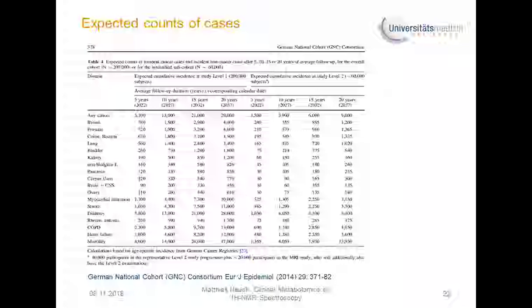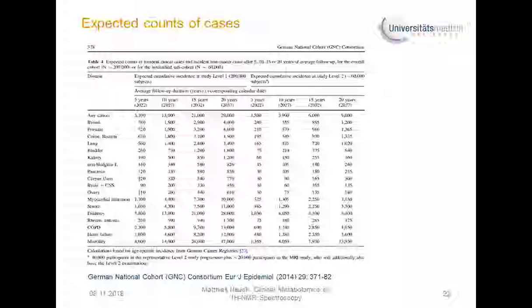On the next slide, you see how many cases we expect during the follow-up period of this study. So we can look at any cancer, and after 5 years, 5,000, 10 years, 13,000, 15 years, 21,000, and 20 years, 29,000 cases with any kind of cancer.